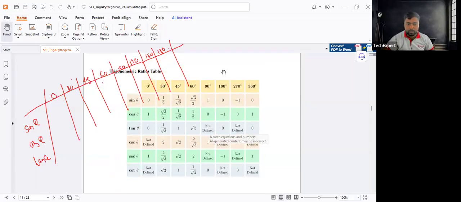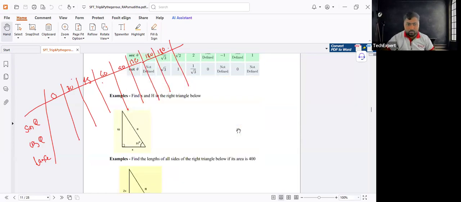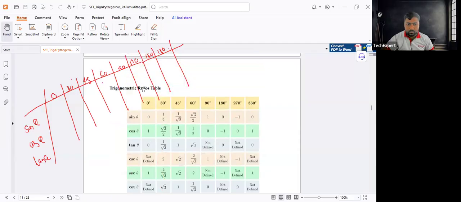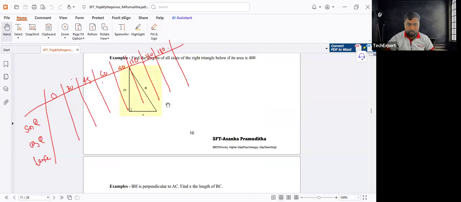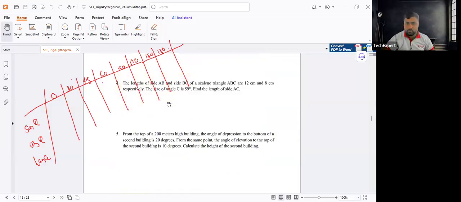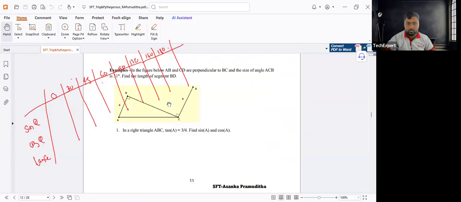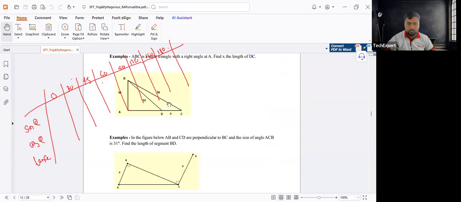Because giving these ratios is not adequate. I will start the next day from here, but here you have some examples. Can you try to do this one at your home? That's the homework.